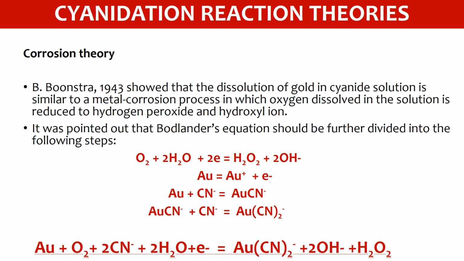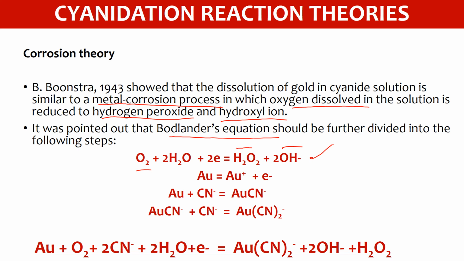This is simply a further step to the Bodlander studies, and it is proposed that the dissolution of gold in cyanide is similar to a metal corrosion process in which oxygen is first dissolved into solution and reduced to hydrogen peroxide and hydroxyl ion. According to this reaction here, you've got your oxygen forming your hydrogen peroxide and your hydroxyl ion.